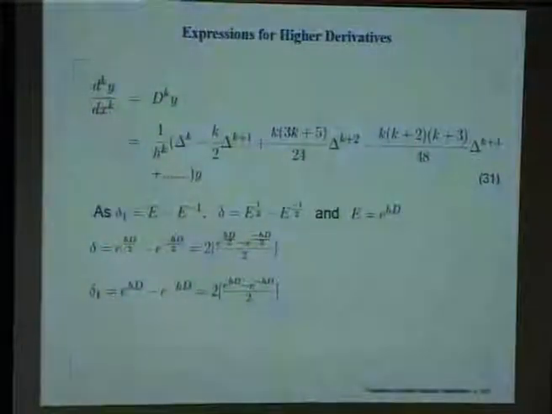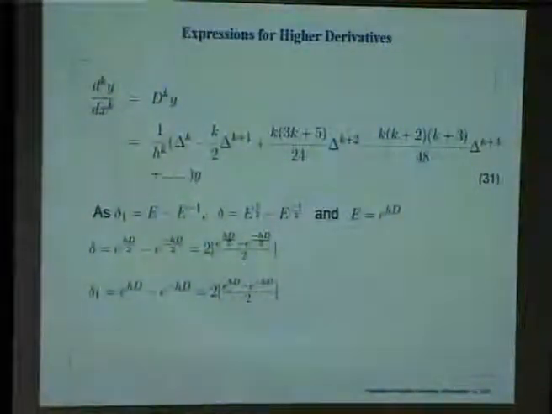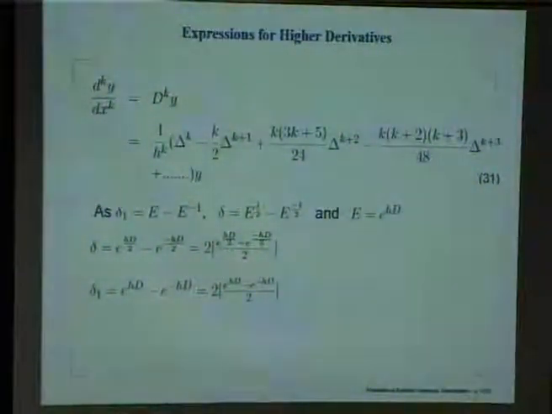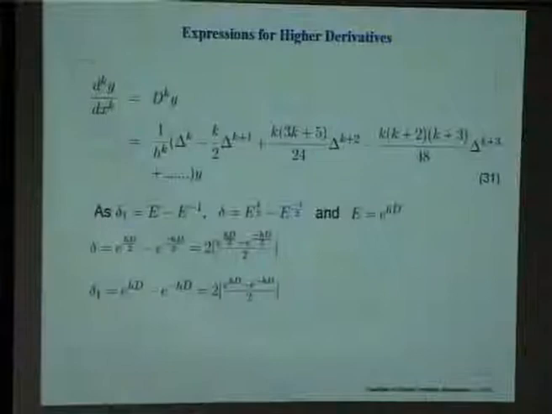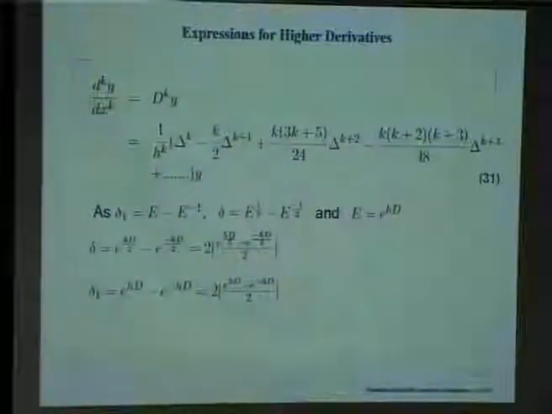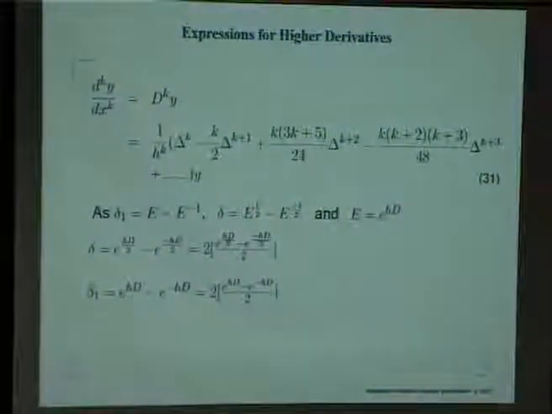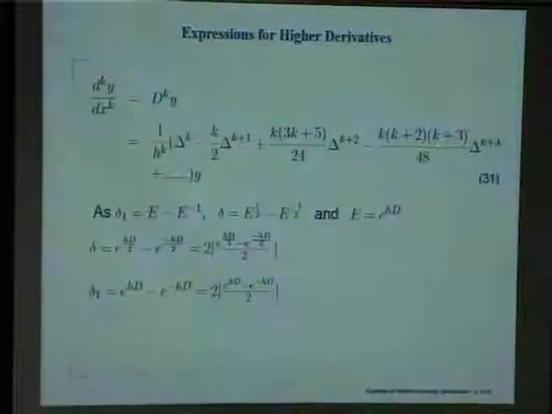Since we have already established E is equal to e to the power h d, I could plug this in here and write delta in terms of this, right. So, e to the power h d by 2 minus e to the power minus h d by 2, I can write it like this. So, the quantity within the square bracket resembles the sine hyperbolic function, right.